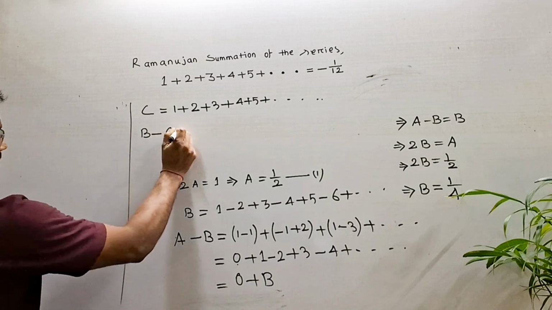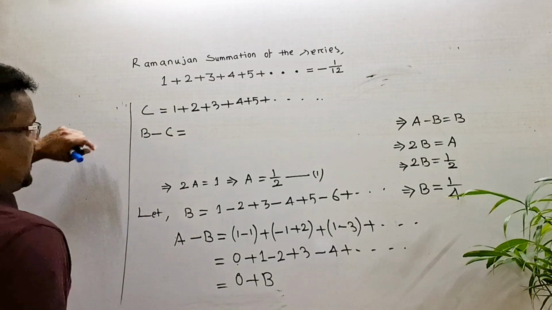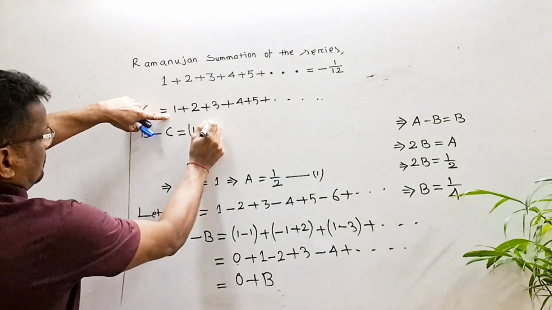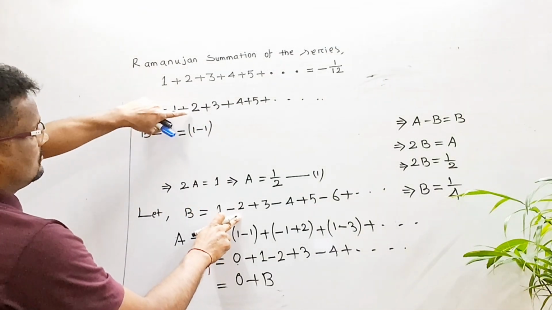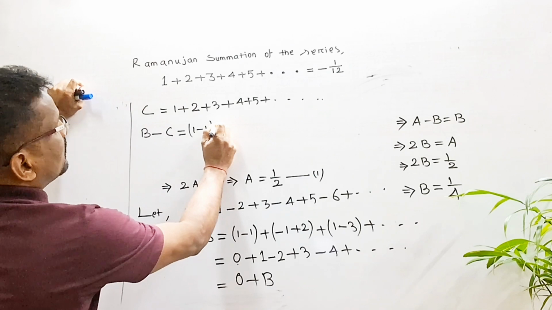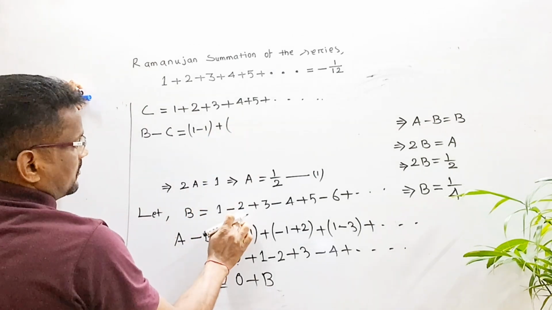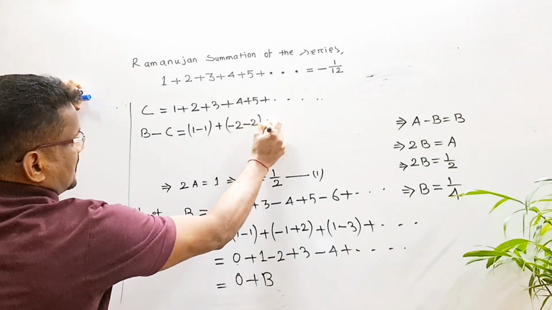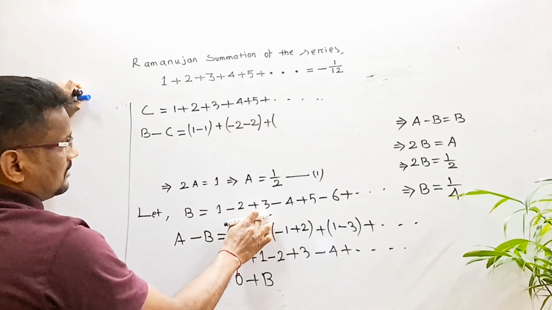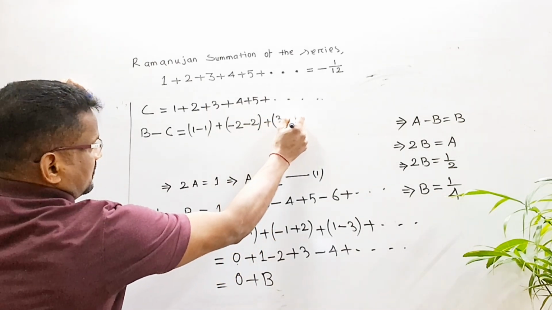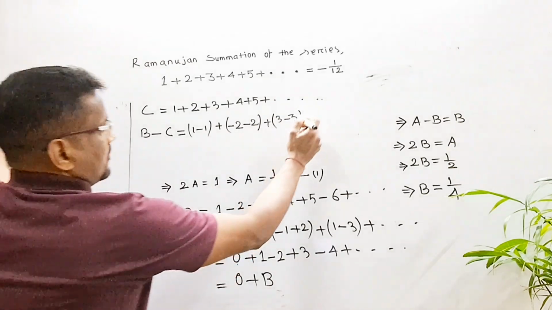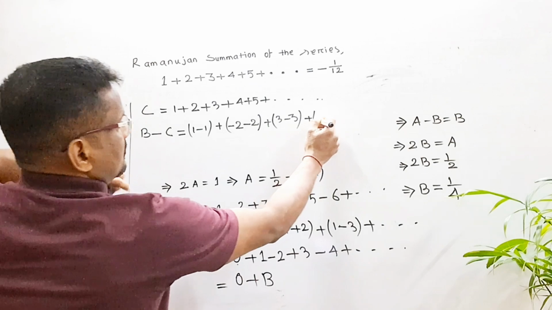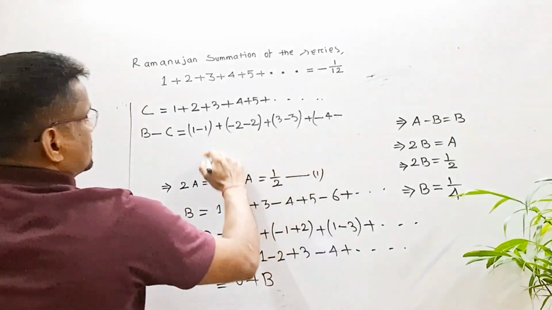If you calculate B minus C, directly we can write 1 minus 1. Then it is minus 2 plus 2, so negative 2 minus 2, then the third term 3 minus 3, here it is 3 minus 3. Then plus, take it as negative 4 minus 4.